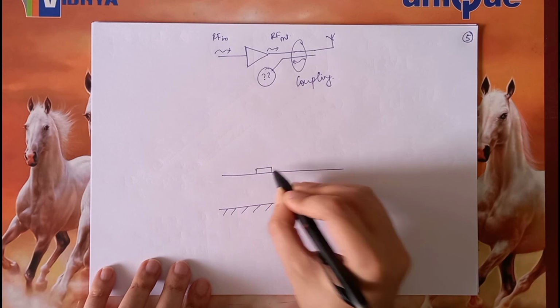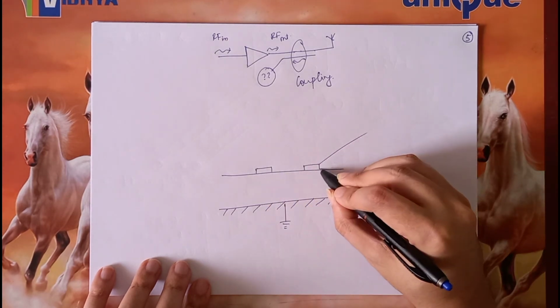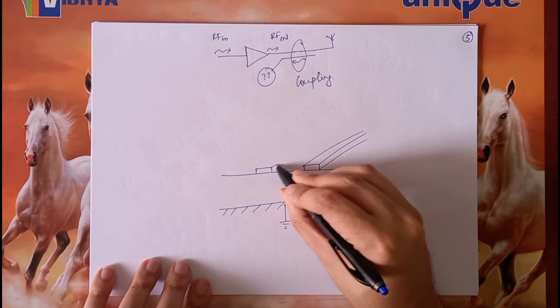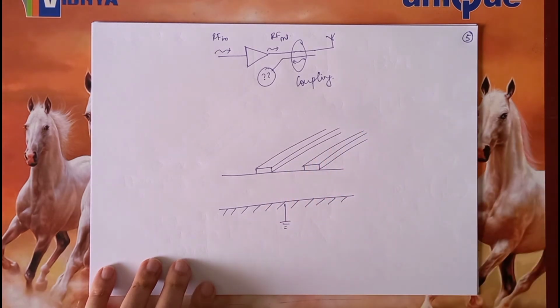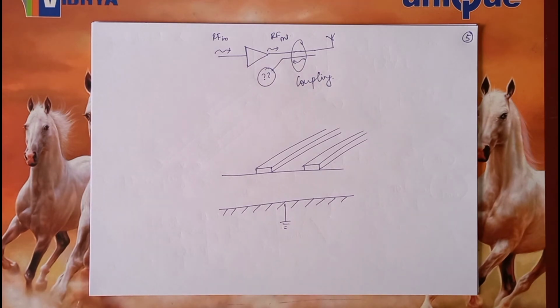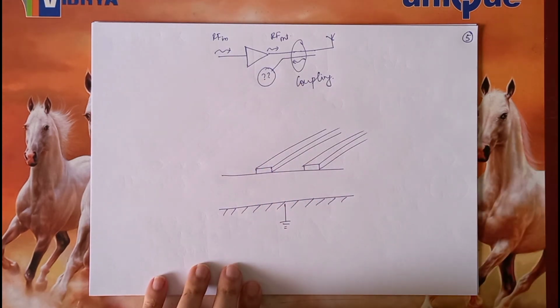There is one conductor over here and another conductor over here which look like this, and these two run parallel to each other. So, can I treat each of these as a transmission line? Definitely I can treat it as a transmission line.